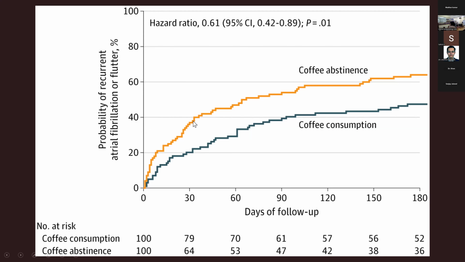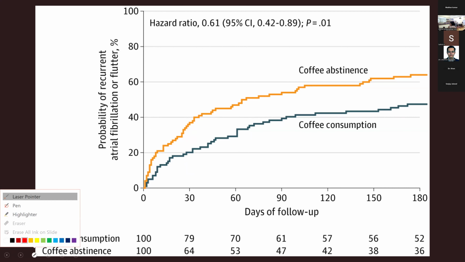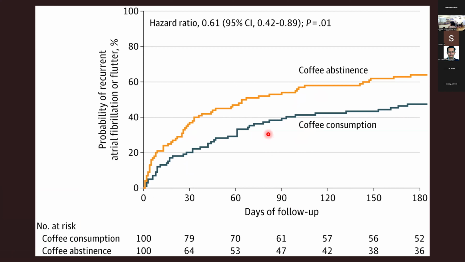When you look at the coffee abstinence group, they got it at 30 days, and when you look at the coffee consumption group, it's close to 90 days. That's where 40% of the events were reported. So we can also infer that coffee consumption delays the recurrence period by around 2 months, which is like 60 days.